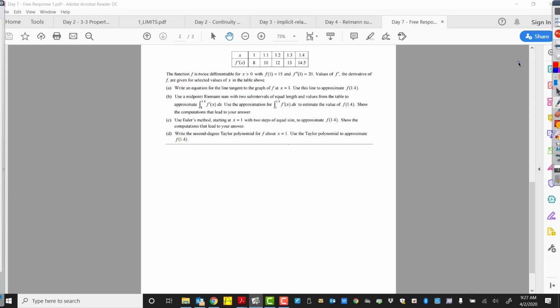For part C, use Euler's method starting at x equals 1 with 2 steps of equal size to approximate f of 1.4. Show the computations that led to your answer.